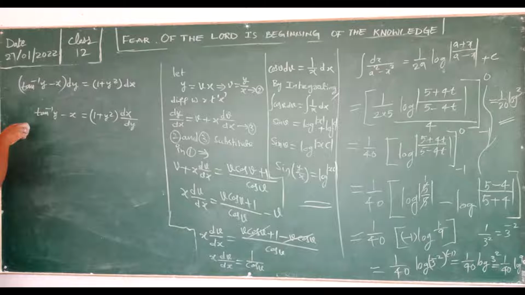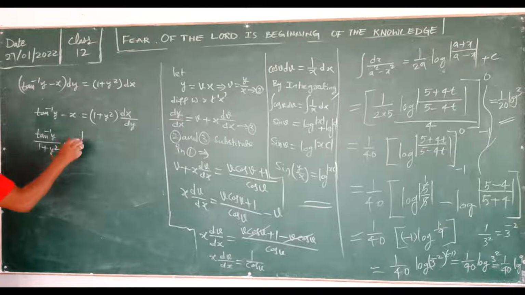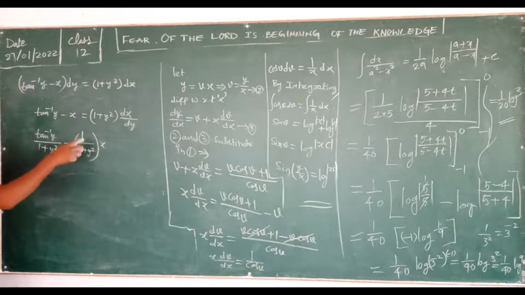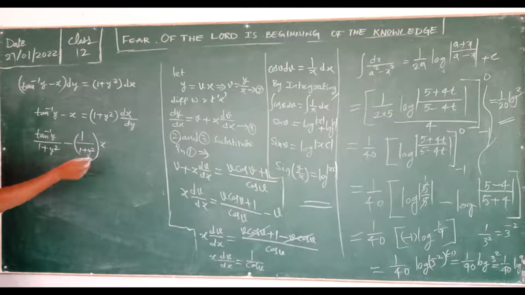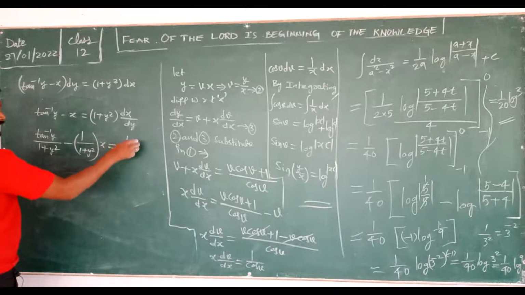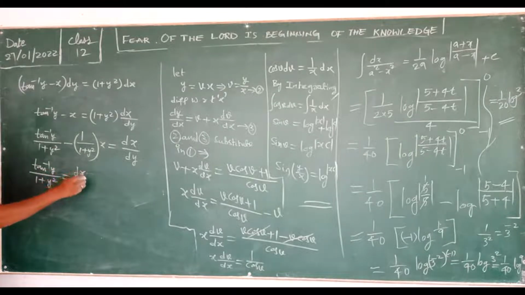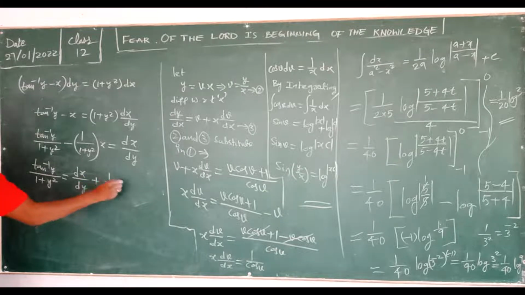So tan inverse y upon 1 plus y square minus 1 upon 1 plus y square into x. So x upon 1 plus y square or 1 upon 1 plus y square into x, both are same. That is equal to dx upon dy, and here minus is there, go to that side, plus. So now tan inverse y upon 1 plus y square is equal to dx upon dy plus 1 upon 1 plus y square into x.